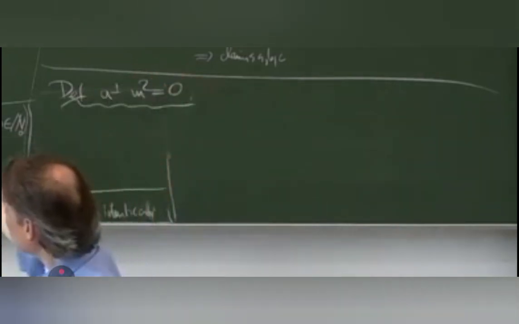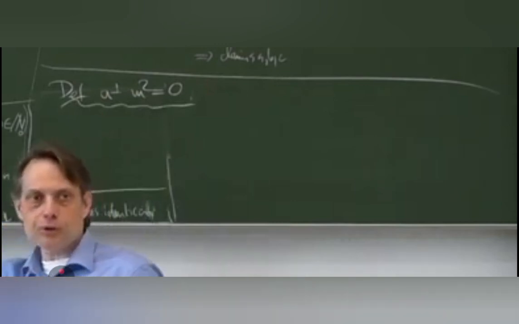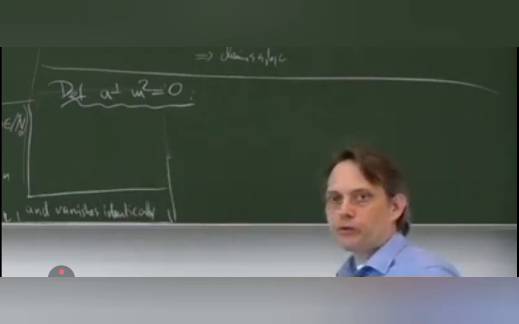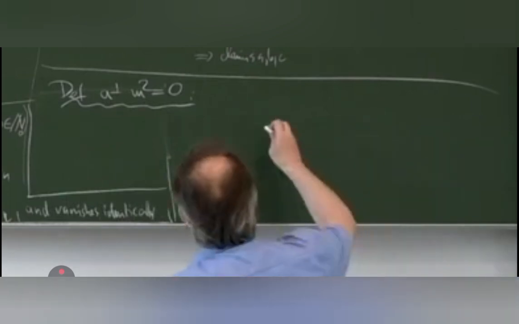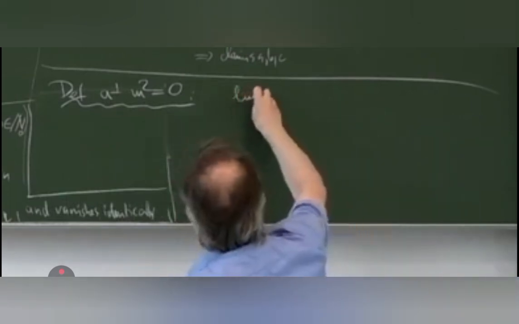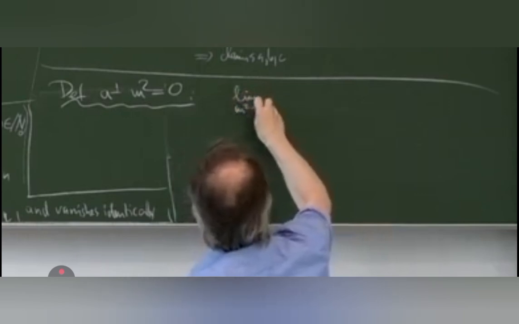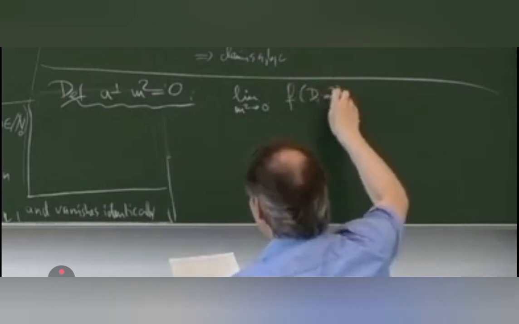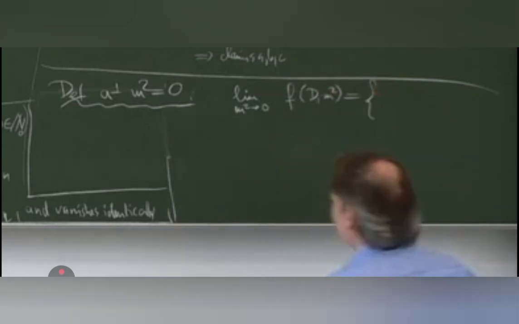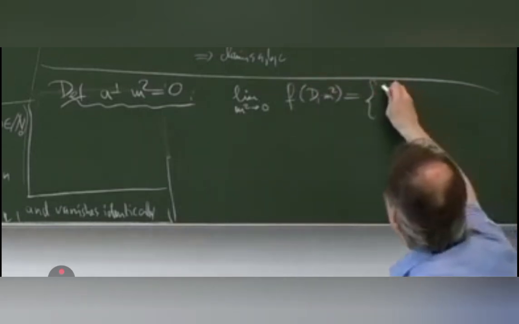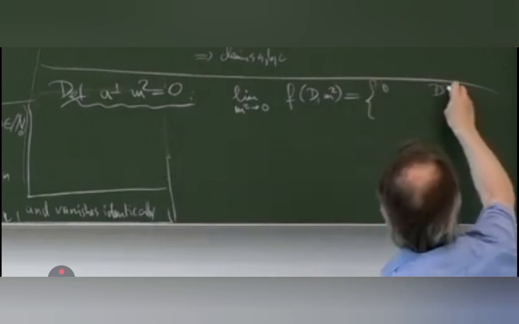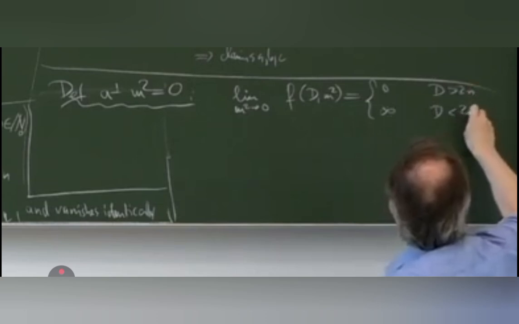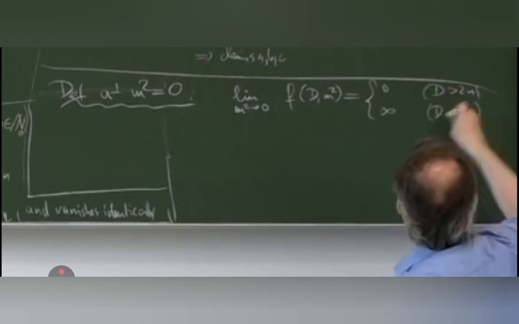So initially that is the definition of our function, but exactly at the value m square equals 0, you might think about how it is defined. And clearly what we know is the limit. Limit if m square goes to 0 of the function f of d comma m square. What is the limit? It depends. So the limit is 0 if d is bigger than 2n, but it is infinity if d is smaller than 2n. Okay.